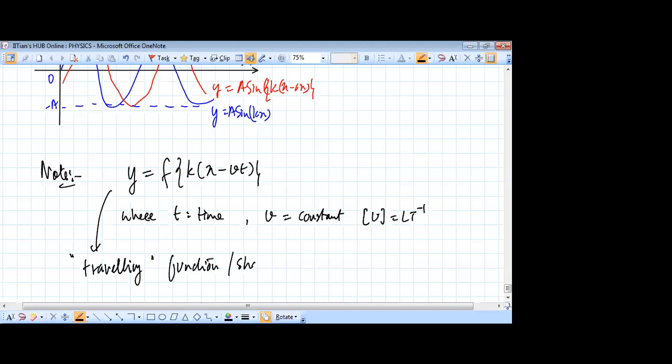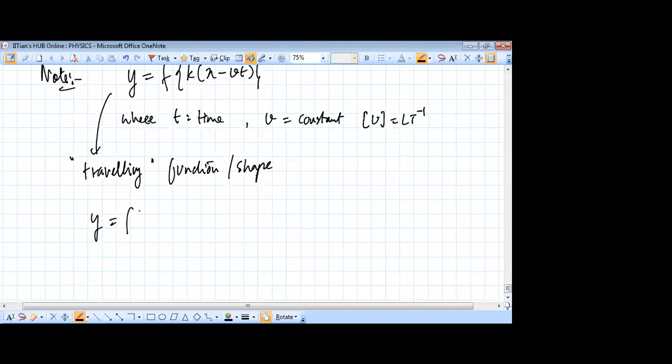okay, or shape, because what is happening here is that y is becoming a function of x and t such that the shape of the graph does not shift.